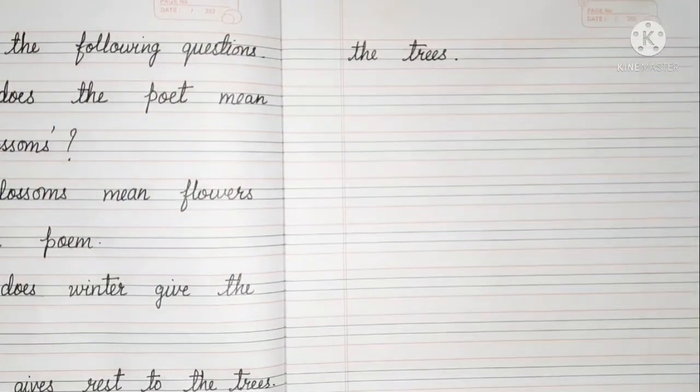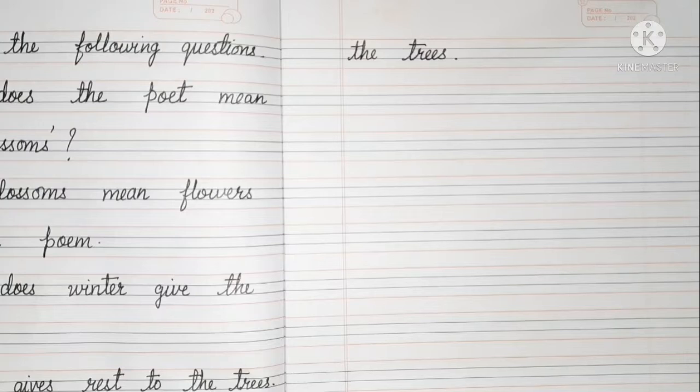Full stop. So children, the question is, what does summer give the trees? Summer gave blossoms to the trees.